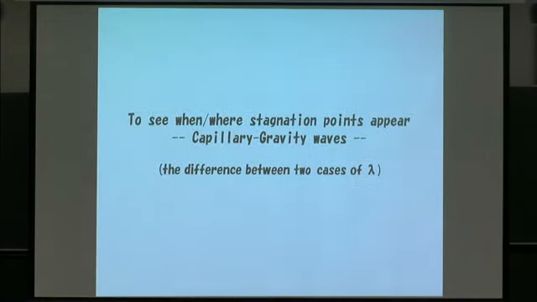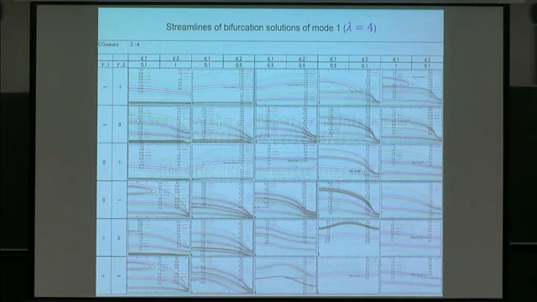Now I will show in a little more detail. First, to see when and where stagnation points appear, it is summarized in a table. The first one is for smaller lambda. In this figure, the vertical rows are of the same D1 and D2, from 0.1 to 0.5.